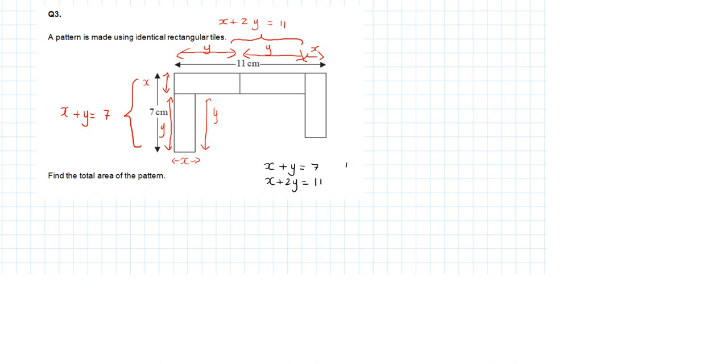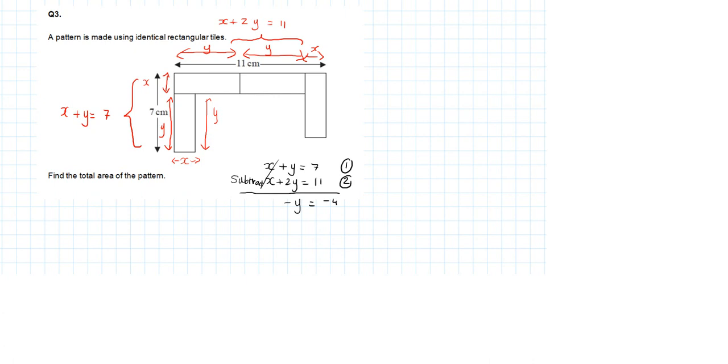Equation 1, equation 2. The coefficient of x is already the same absolute value, so you subtract. x subtract x is 0, so it cancels out. y subtract 2y is minus y, and 7 subtract 11 is minus 4.